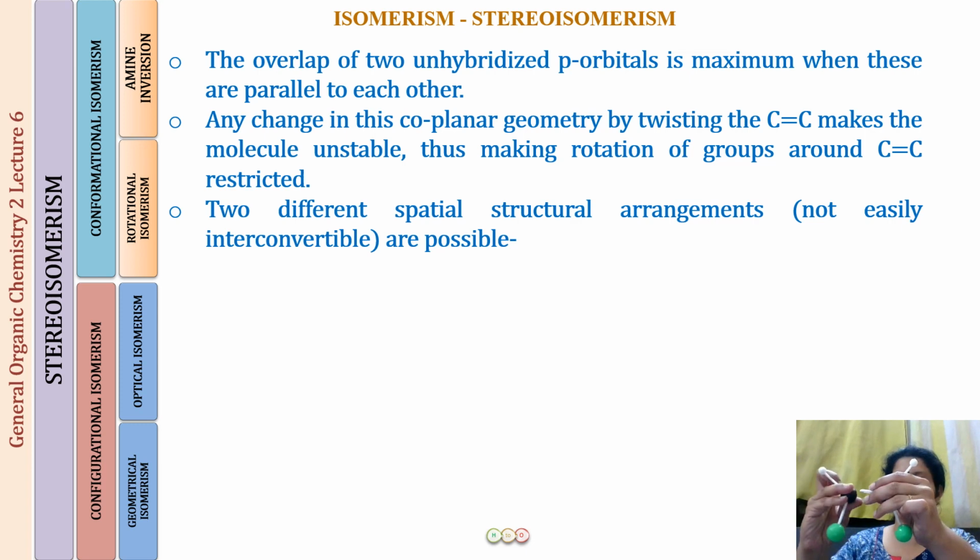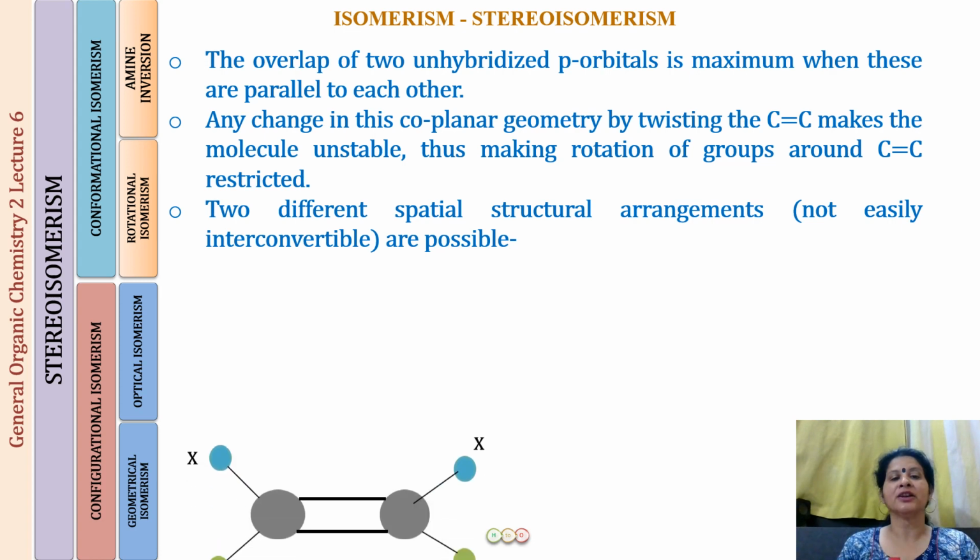Again break the two bonds, remake the two bonds by changing the position and we get back the cis structure. So we have to break the bonds and make the bonds back again to get the structures. We cannot convert one form into the other without the breaking of bonds and the making of new bonds. So these are two separate, different structures which will have different properties.